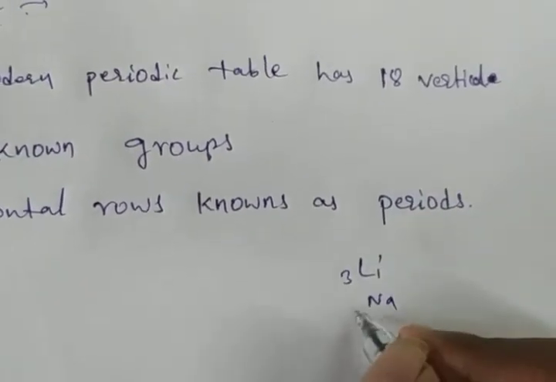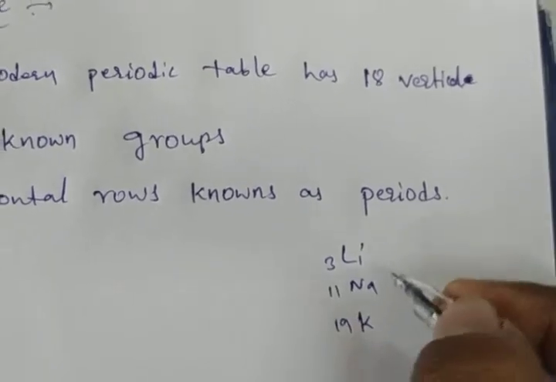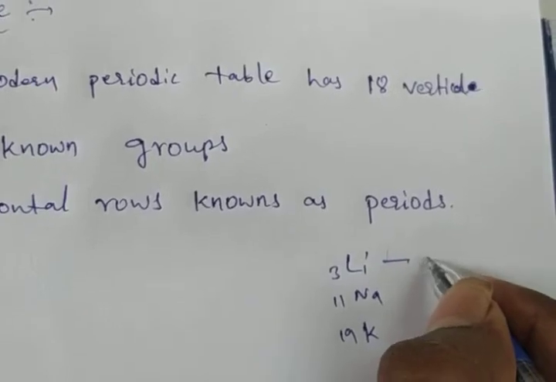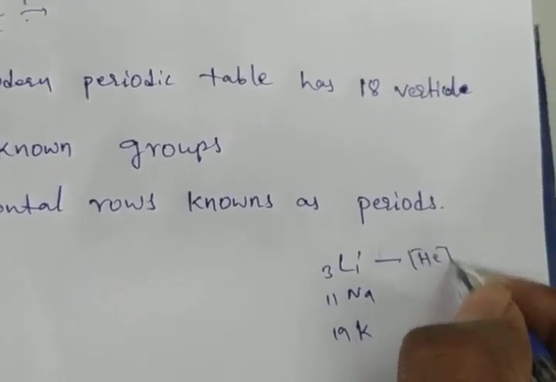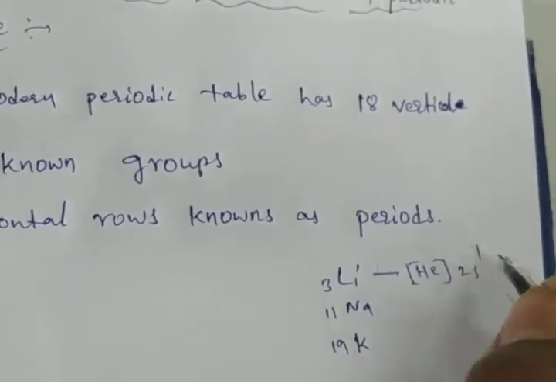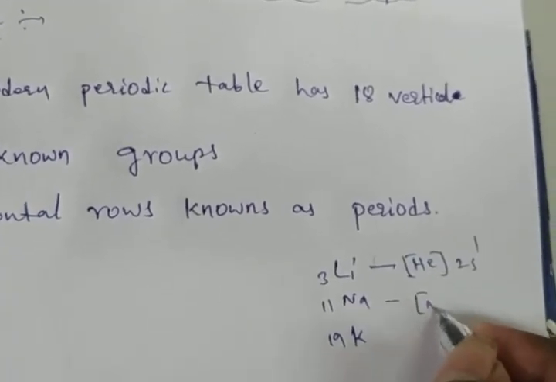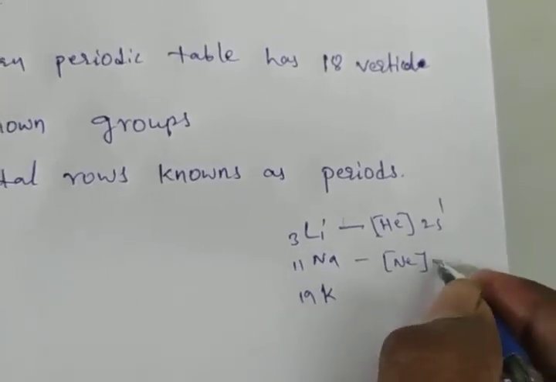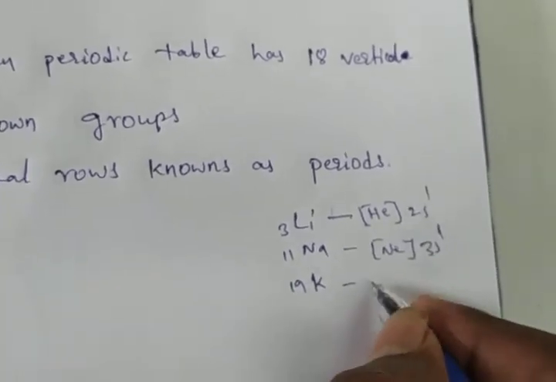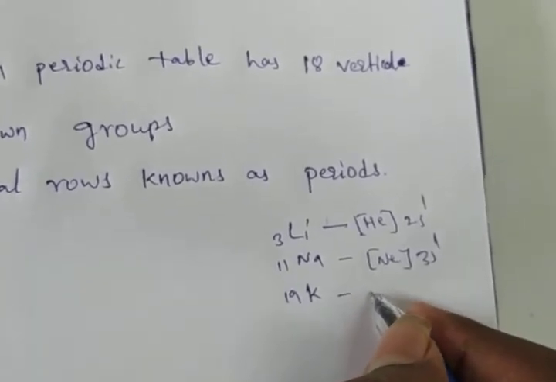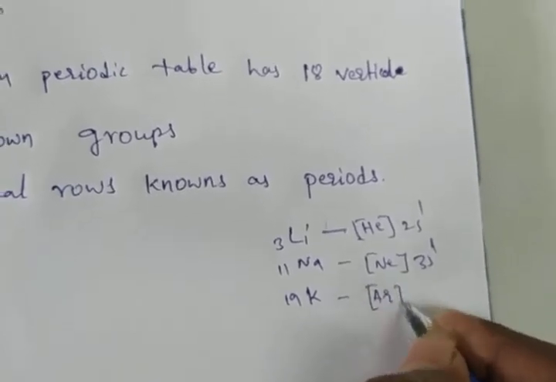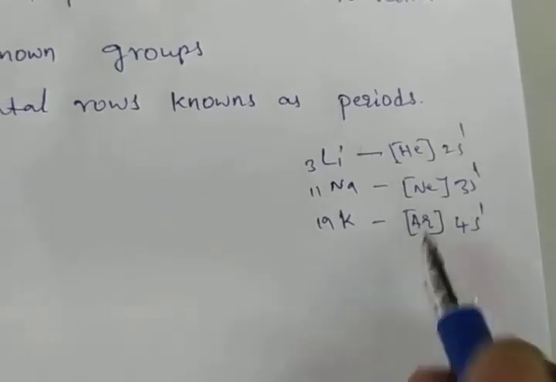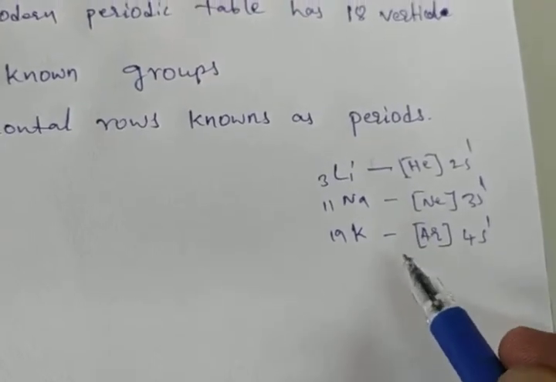Lithium has atomic number 3, sodium 11, potassium 19. Lithium is helium core 2s1. Sodium is neon core 3s1. Potassium is argon core 4s1.